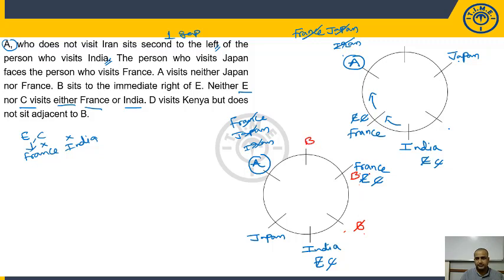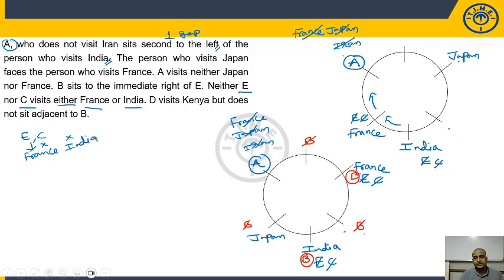No, because E cannot be from France. Can I take B here? No, B would be immediate right of A, but B should be immediate right of E. Can I take B here? Yes, it is not violating any condition. So we have two more projections. Let's see which is correct.